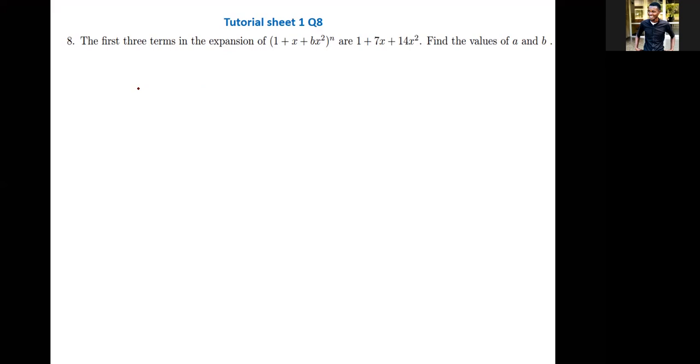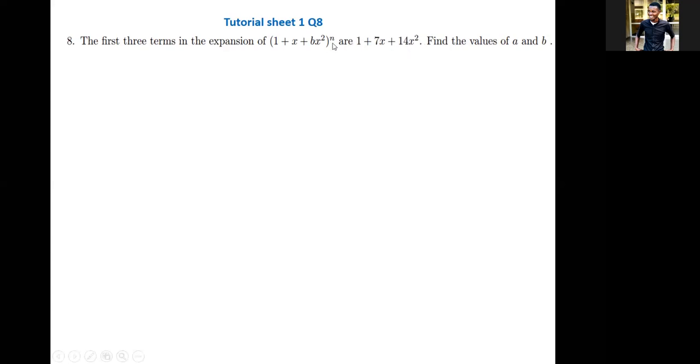And remember what we said. The question was saying the first three terms in the expansion of this are these here. So this simply means, and they're asking us first to find the values of A and B. This first statement simply means that when you expand this, you expect your first three terms to be these.